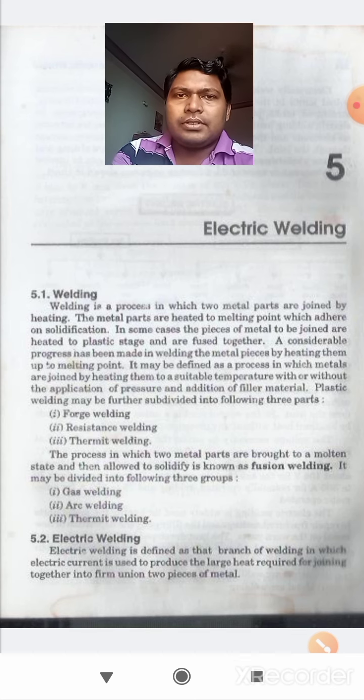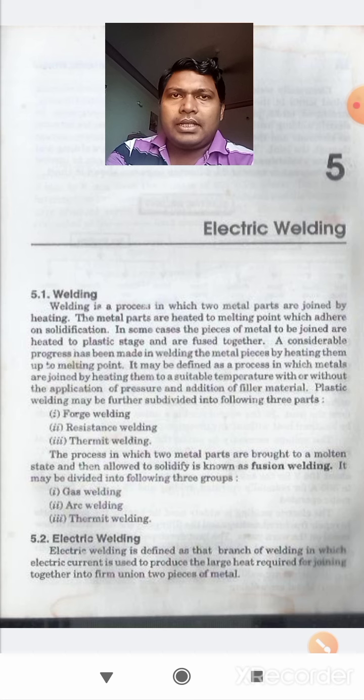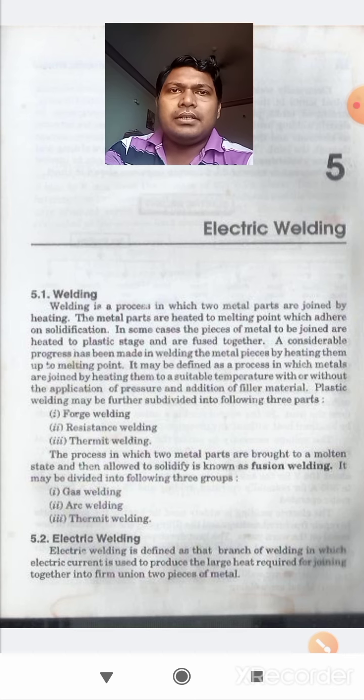So welding is a process in which two metal parts are joined by heating. The metal parts are heated to melting point, which adhere on solidification. So actually students, we have to melt the two different metals which have to be joined by a heating process, so as to make them joint.